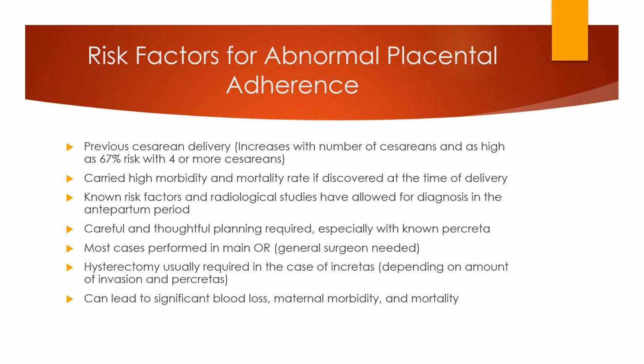We don't do them in the labor and delivery OR just because they need a lot of room to be able to work. There's a large team of people there, and it's a pretty lengthy surgery just to take care of these patients. It can lead to significant blood loss, so we know that, and especially if it's undiagnosed.